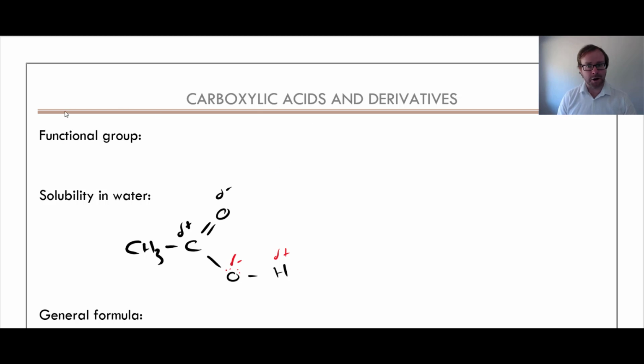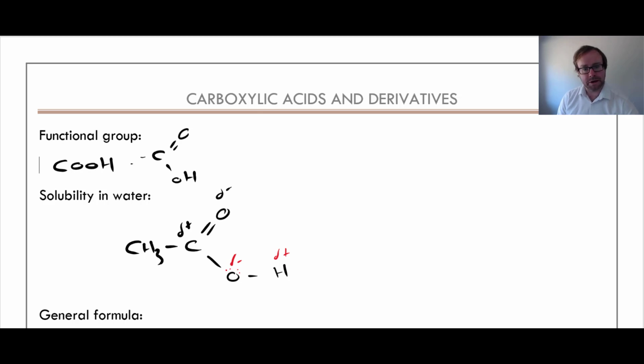Right, okay, so carboxylic acids and derivatives. The functional group of a carboxylic acid is COOH, which looks like this.